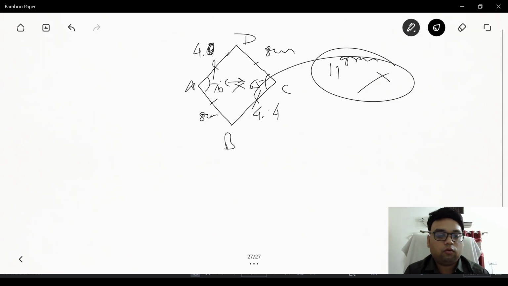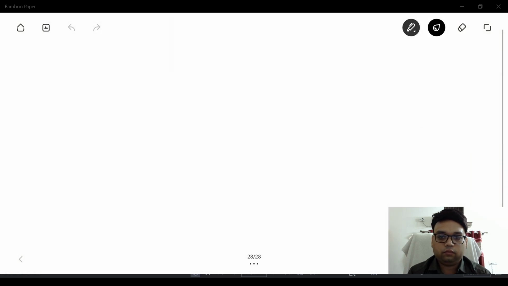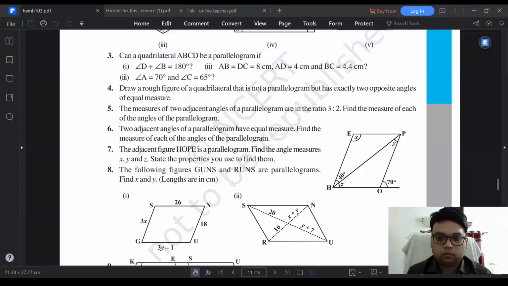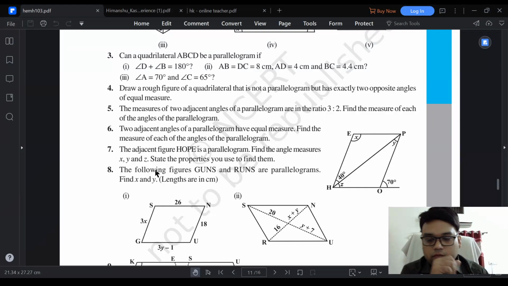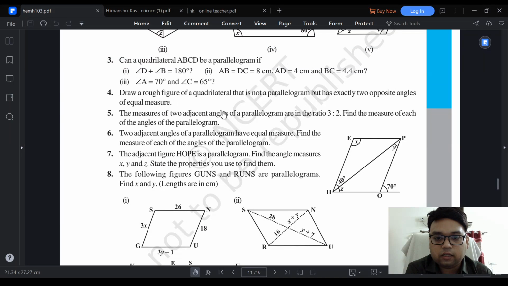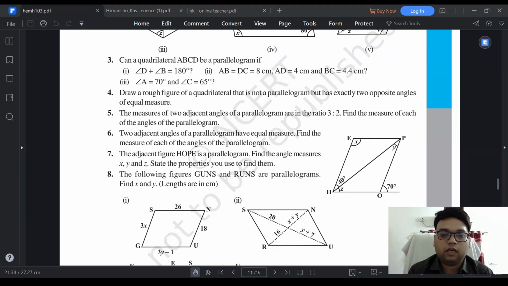Now moving forward to question number 5. The measures of two adjacent angles of a parallelogram are in the ratio 3:2. Find the measure of each angle of the parallelogram. This is a simple question. What does adjacent angle mean?